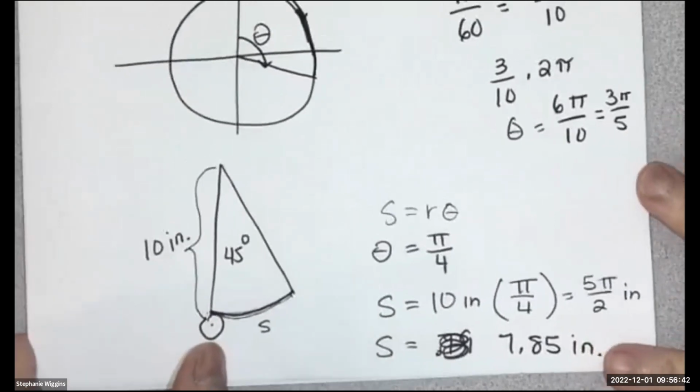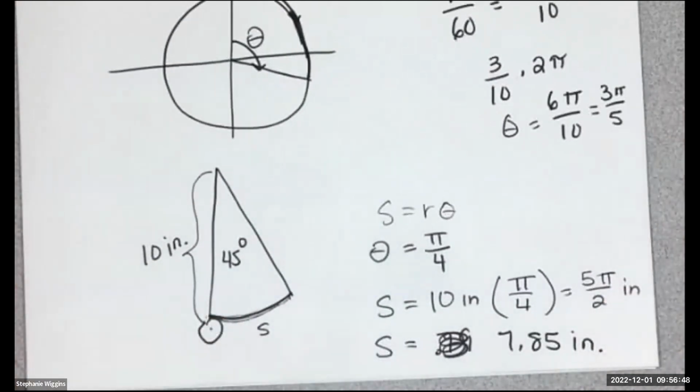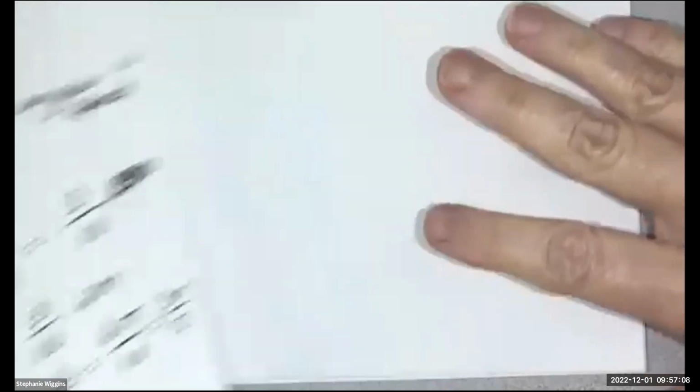You should also be able to use a calculator to calculate trig functions at different angles. So, do you have any questions on this before I move on? I'll wait till you're done writing. Okay.